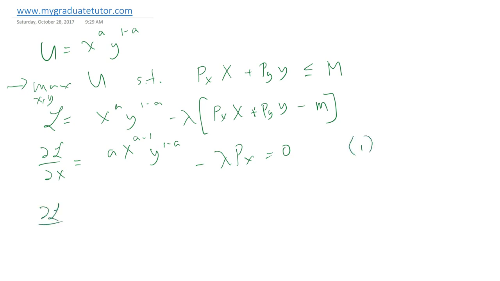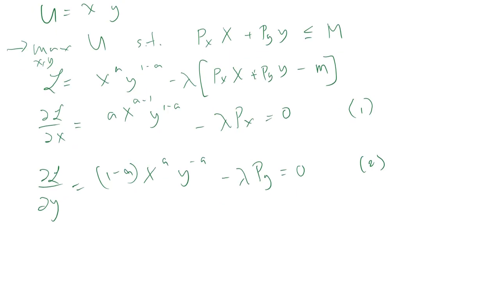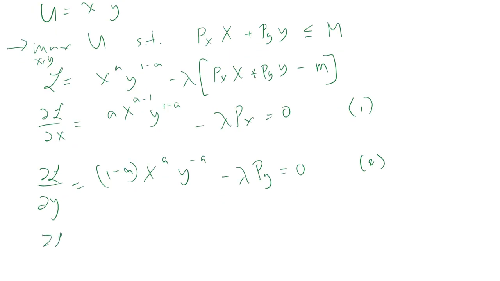The partial of L with respect to y is 1 minus a, x to the a, y raised to negative a, minus lambda py, equals 0. Let's call this equation 2. And the derivative with respect to lambda is just px times x plus py times y minus m equals 0, and let's call this equation 3.